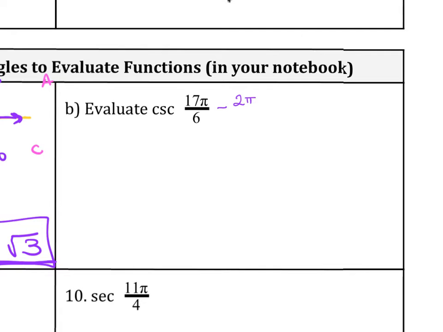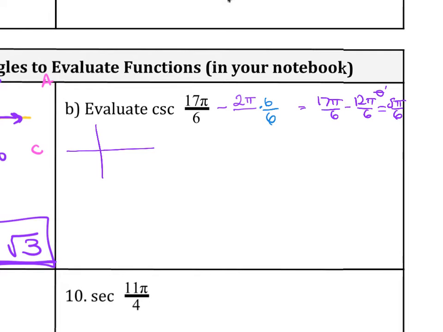So we know that it is larger than 2 pi, and we're going to subtract 2 pi. We have to get a common denominator, so we multiply by 6 over 6. Therefore, this is going to be 17 pi over 6 minus 12 pi over 6. So that is going to be 5 pi over 6. That is our reference angle, 5 pi over 6.